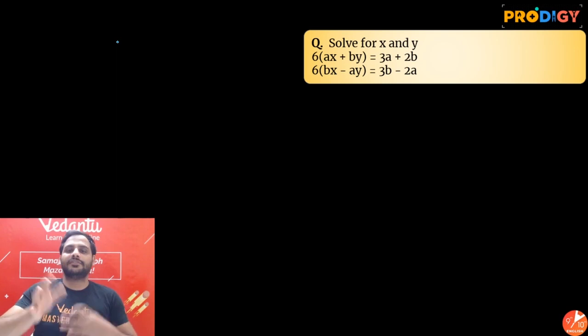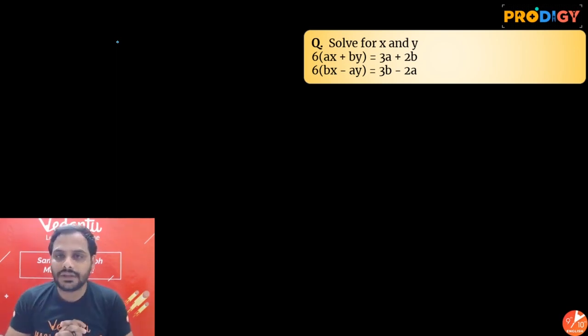Next problem: solve for x and y. We have 6ax plus 6by is equal to 3a plus 2b. Let's try to solve it with the substitution method.